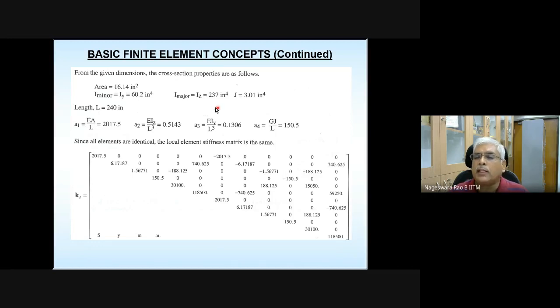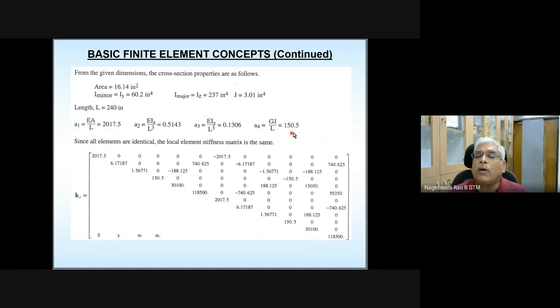Before that, all the cross-sectional dimensions, geometric dimensions like depth and thickness, that information is given. So you can find the torsional constant. You can cross-check all this, whether these are correct or not. Please don't accept whatever is written. Please cross-check whether this torsional constant is correct or not.